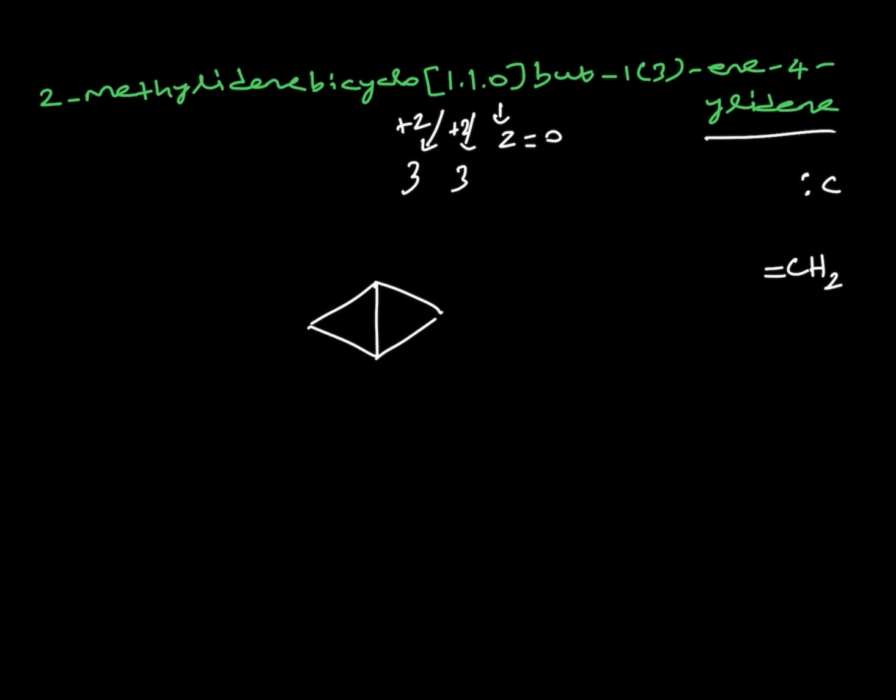So let's write down the basic structure. Do the numbering. So that's our bridgehead position, 1, 2, 3 and 4. So basic structure is done, and now at 2 position we have a methylidene. So let's write that.